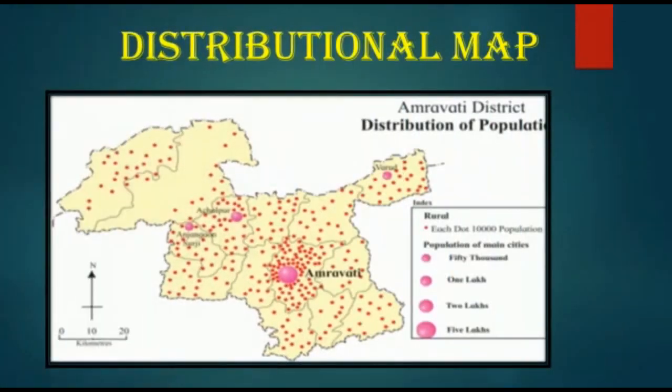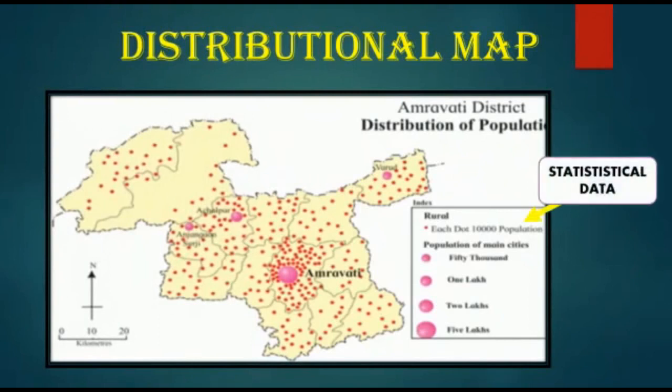To draw distributional maps, we need statistical data of the variable. As you can see in the map, population is the variable and statistical data is shown in the index such as 50,000, 1 lakh, 2 lakh and 5 lakhs.